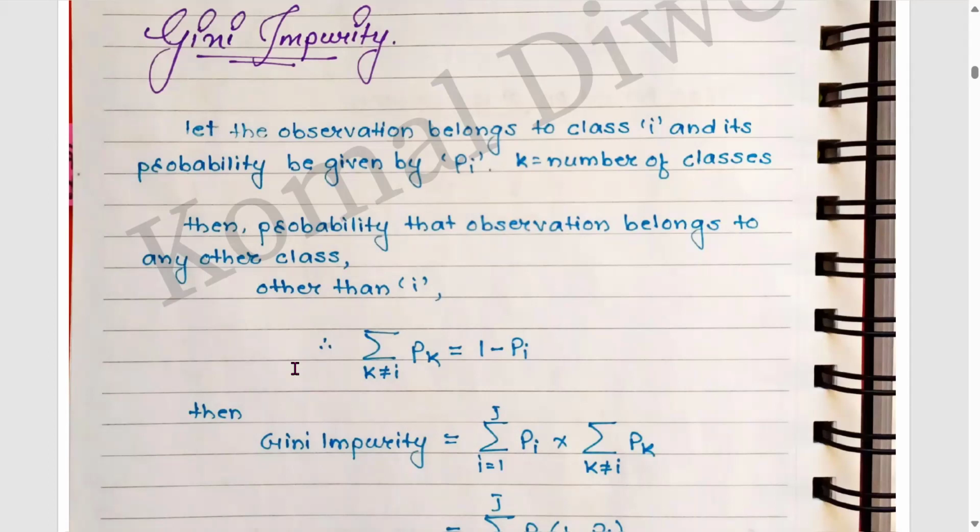The probability that an object belongs to any other class means it doesn't belong to its own class. If it belongs to its own class, the probability is Pi, and if it doesn't belong to its own class, then the probability is 1 minus Pi.